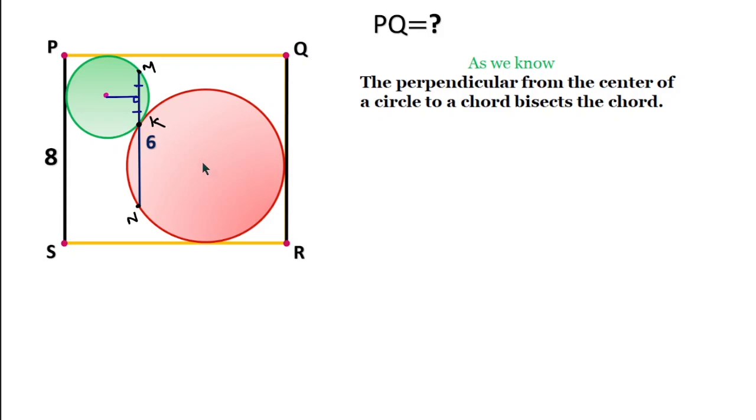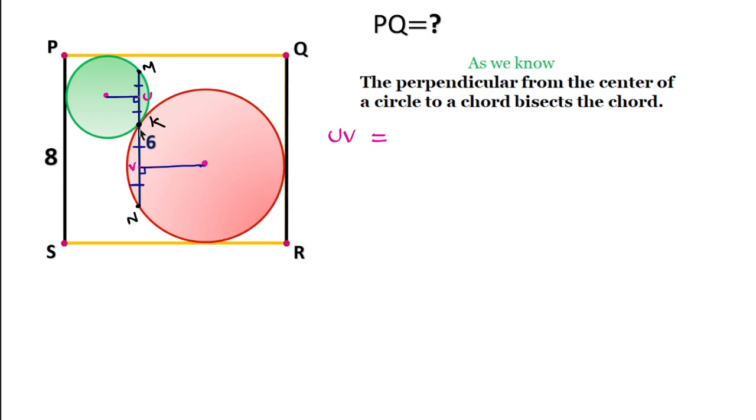And also if we consider the center for this circle is here, and if we draw a perpendicular from this center of the red circle to this chord KN, then this will be equal. And let's suppose this point as U and this point as V. Then what will be the length of this UV?